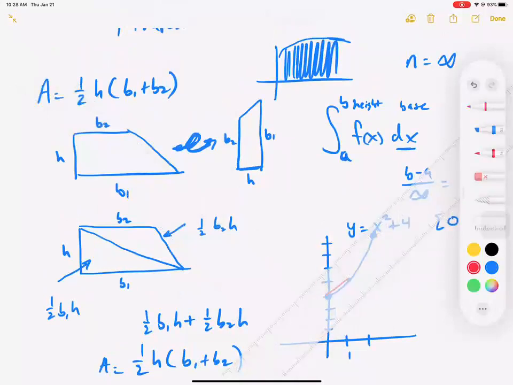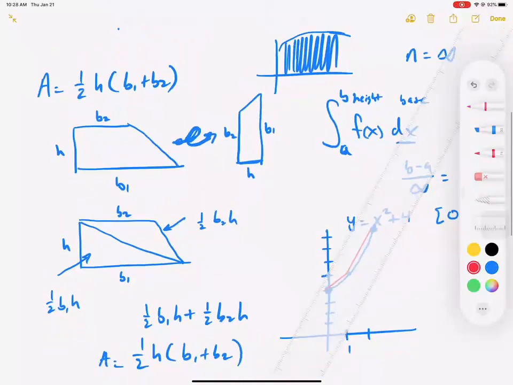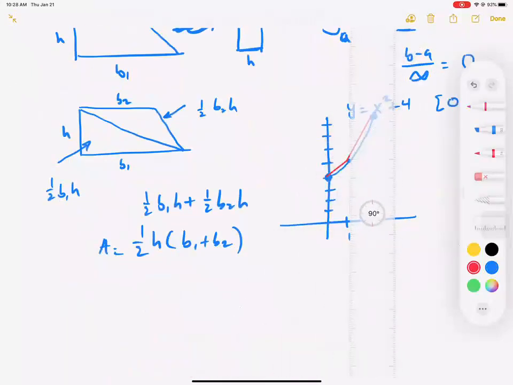Okay, hopefully you can see the trapezoids being formed. Please see that it is an over approximation because it's curved going up.